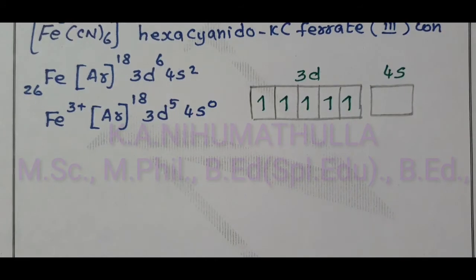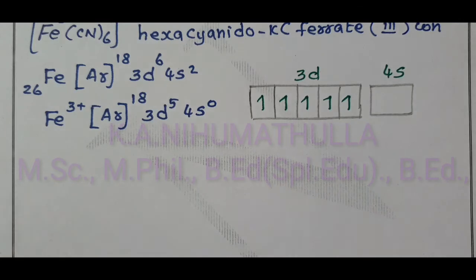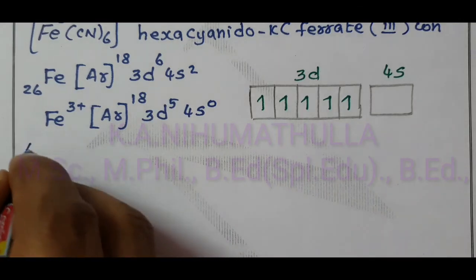First we have to calculate the electronic configuration energy in the isotropic field.